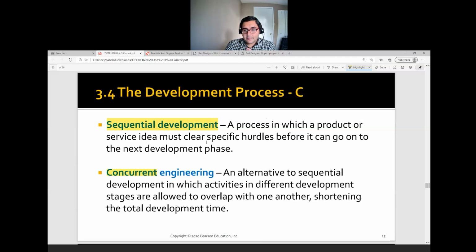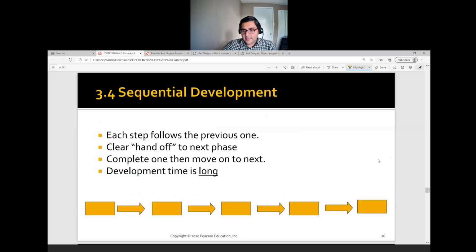Let's see what each of these looks like. Sequential development means you divide a product or an idea into, say, 5 or 6 different steps, and only after each step gets finished do you go to the next stage. This step-by-step approach is referred to as sequential development, and concurrent engineering refers to multiple things being done at the same time.